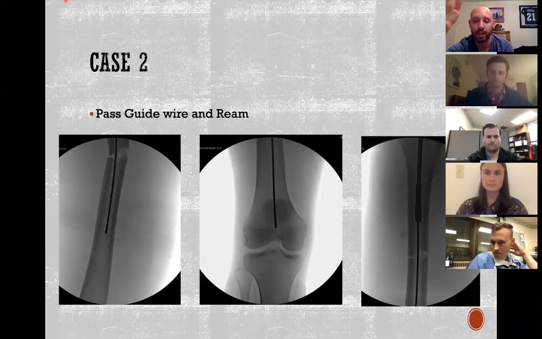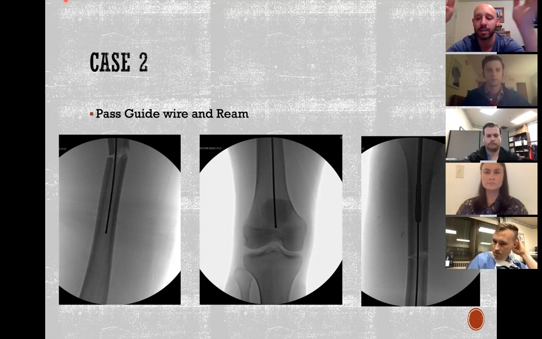So we have to make sure that it's reduced, because once we pass our reamer, that's going to prevent additional deformity. If we're not reduced when we're passing our reamer, then we're going to ream out additional areas of the bone that we don't want. And then once you pass your nail, it's going to follow that area of your reamer.